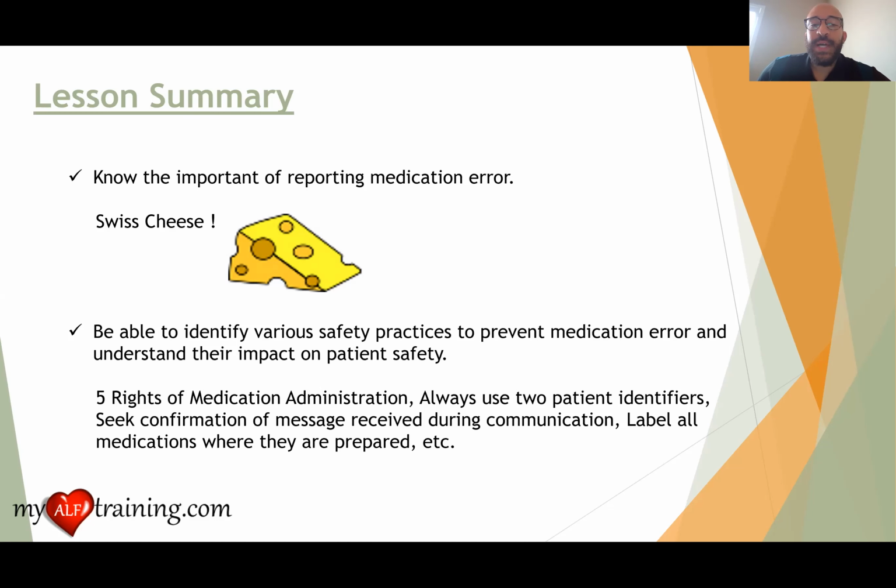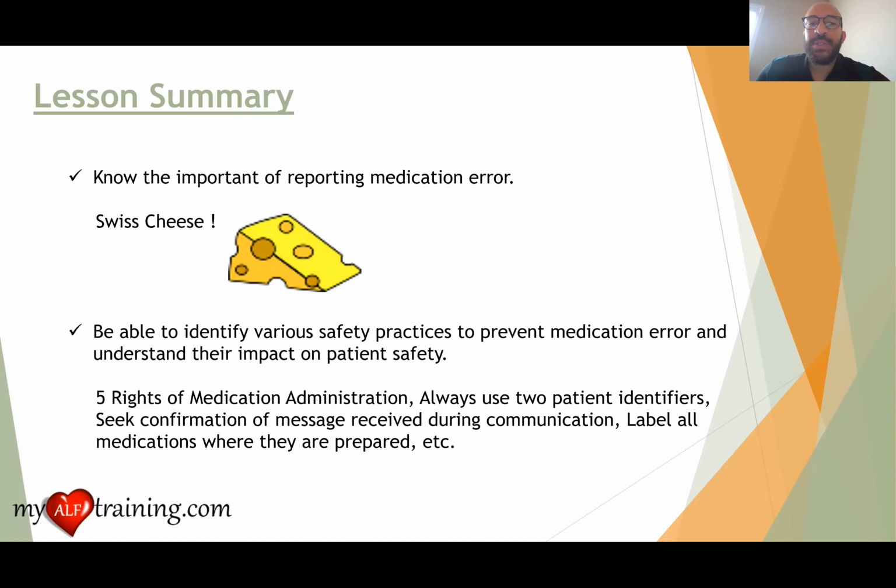You should be able to identify at least three different practices you can use and implement in your practice to prevent medication errors. And also, you should have a firm understanding about patient safety and understand your role in patient safety. And you should be comfortable with reporting.